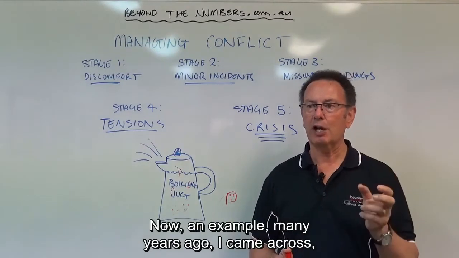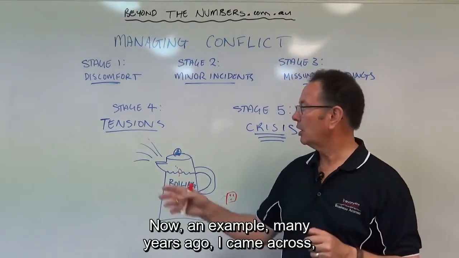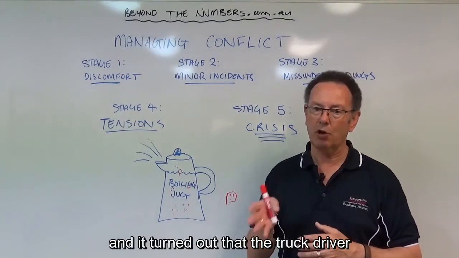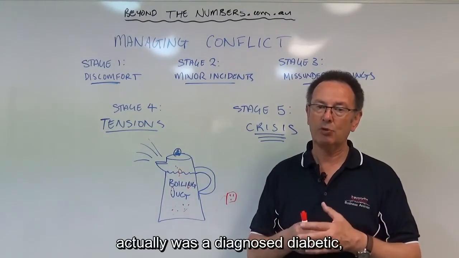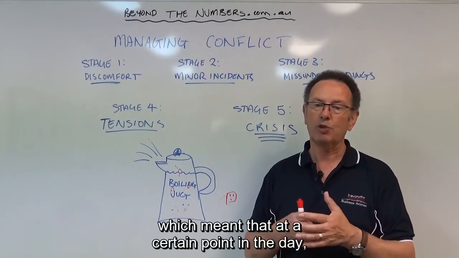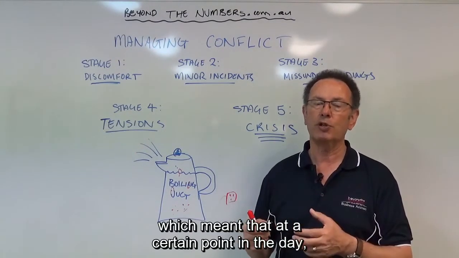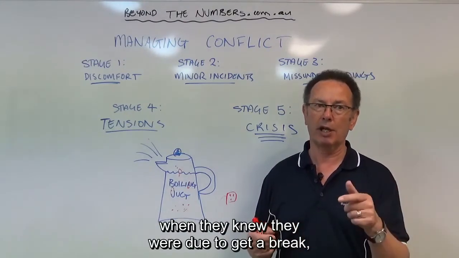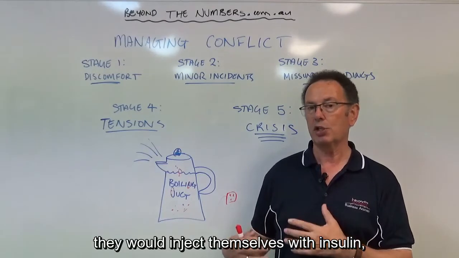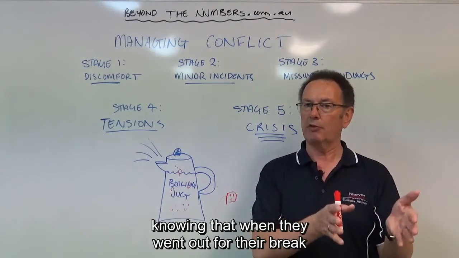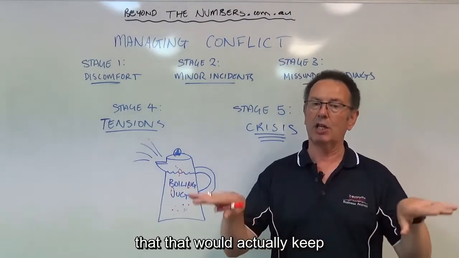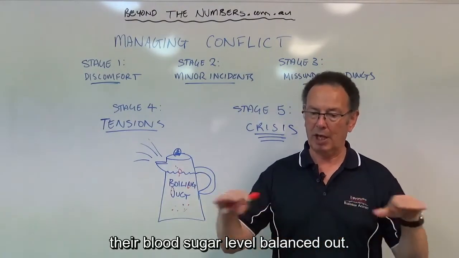Now, an example, many years ago I came across an actual situation like that, and it turned out that the truck driver was a diagnosed diabetic, which meant that at a certain point in the day, when they knew they were due to get a break, they would inject themselves with insulin, knowing that when they went out for their break and had some food and a drink, that would keep their blood sugar level balanced out.